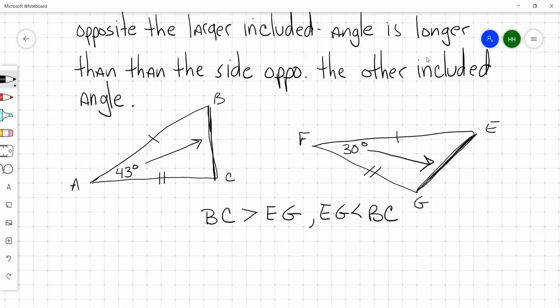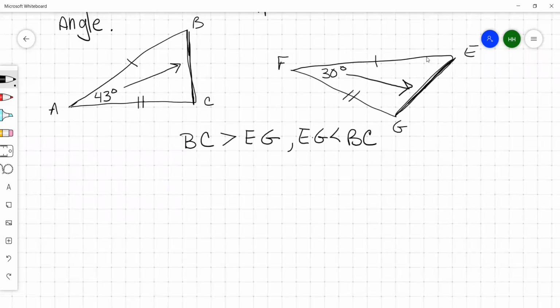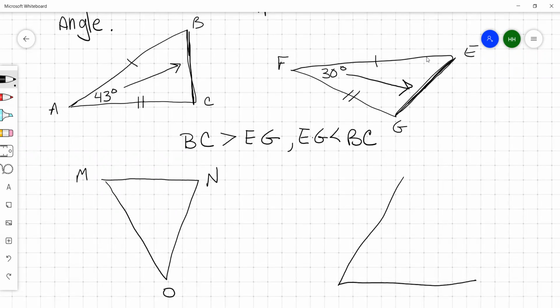Now, the converse of that statement is also true. Okay? So let's say that you're given this triangle here. We'll call it MNO. And then a triangle next to it. We'll call it QRT.